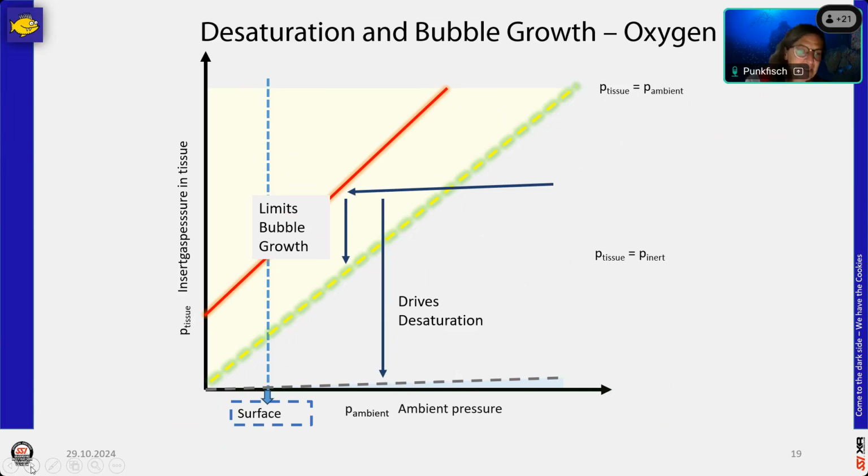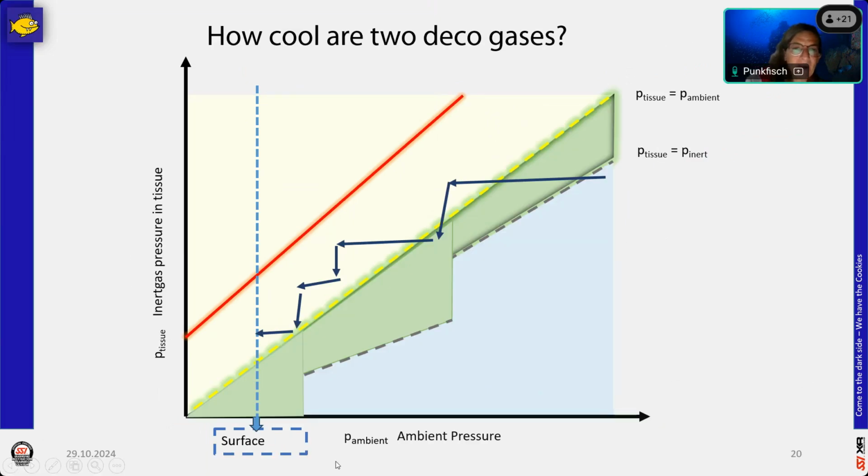This is exactly the way we can go when we want to do something about bubble growth. If we change our gas during the ascent, so let's say we reached this point of saturation with one tissue, and we start our ascent, and at some moment on the ascent we can change, for example, to a nitrox 50 and stay at this depth for a while, so we don't have a high oversaturation.